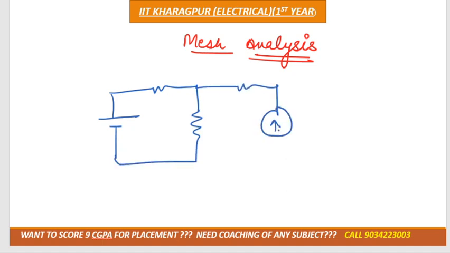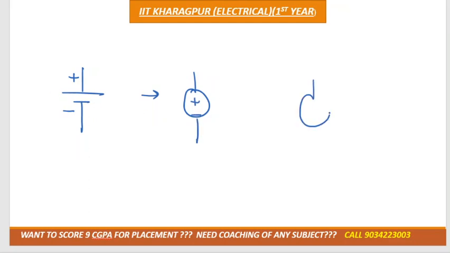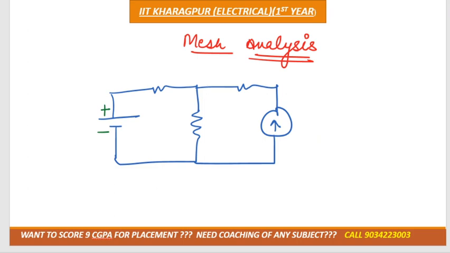Basically, this type of source is the voltage source, positive, negative. We can represent the voltage source by a symbol like this, or by a circle also. But a current source is represented like an arrow. It can move upward or downward, right?